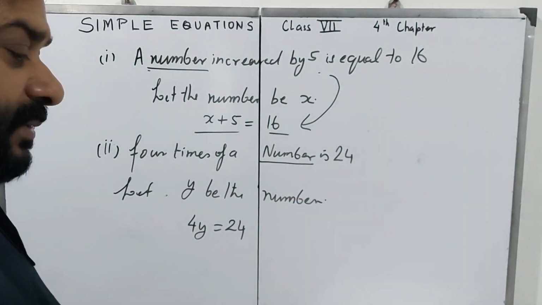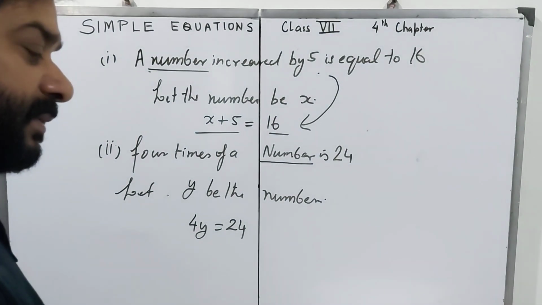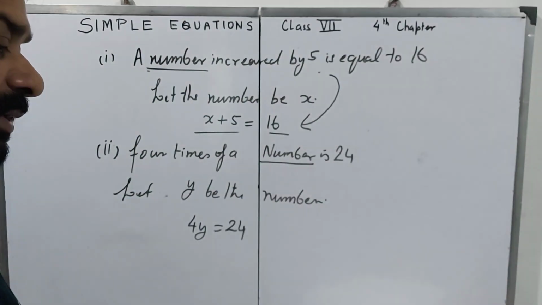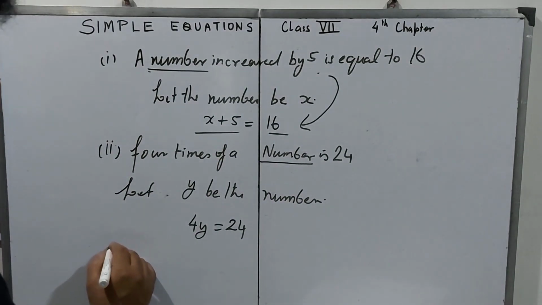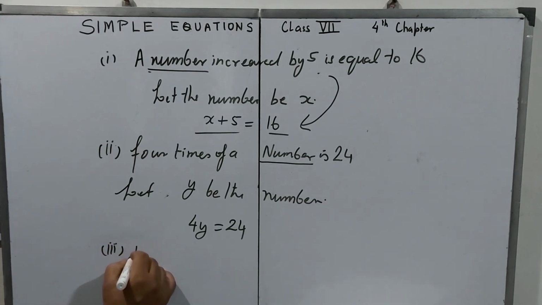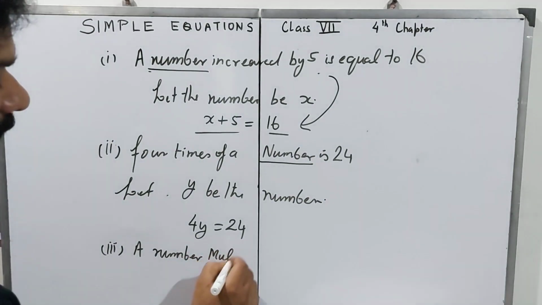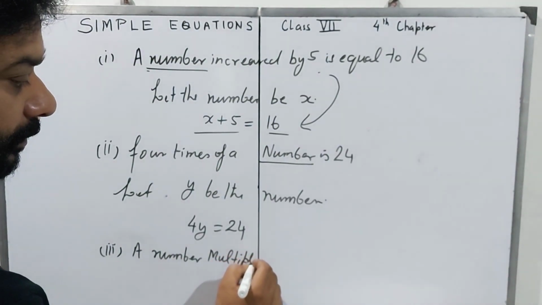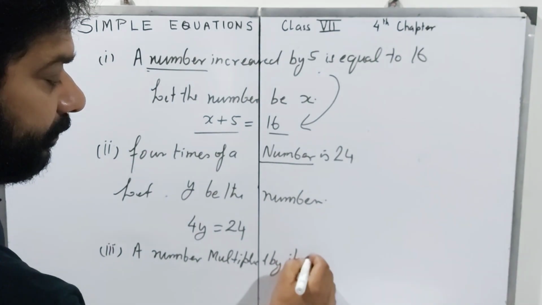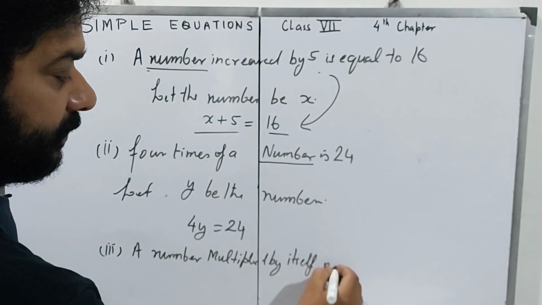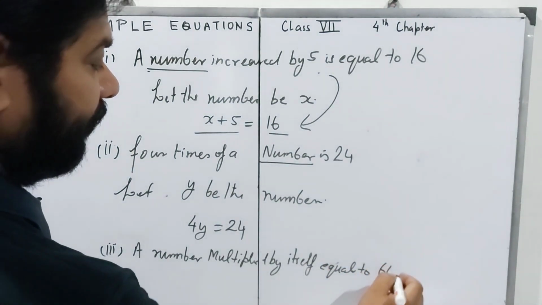One more example: a number multiplied by itself is equal to 64.